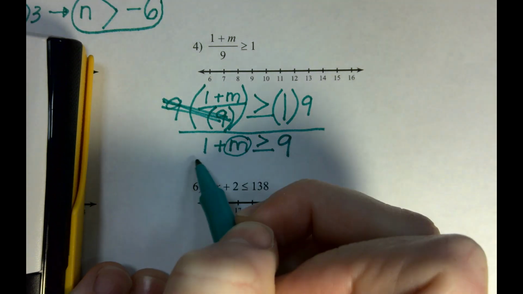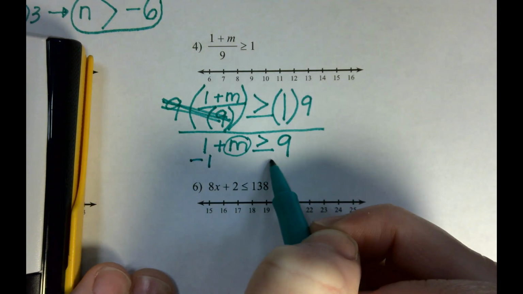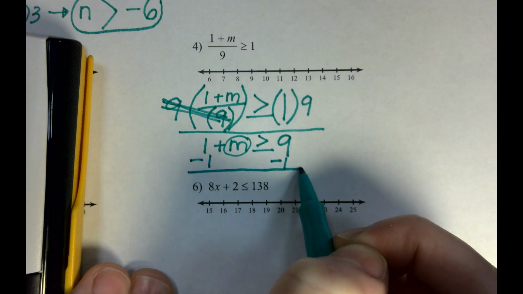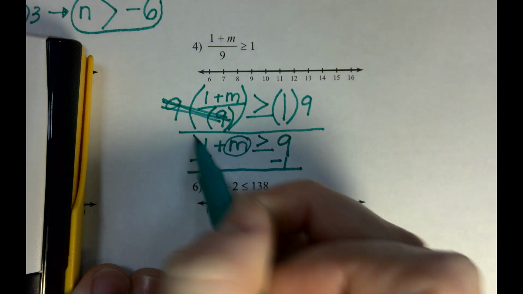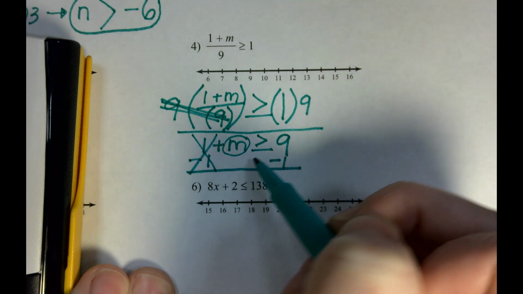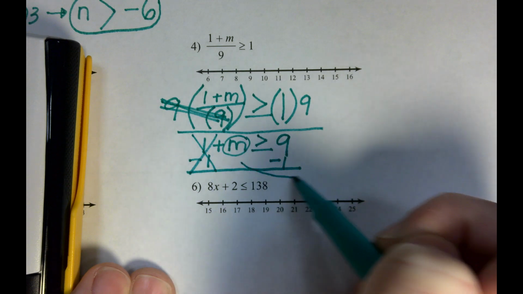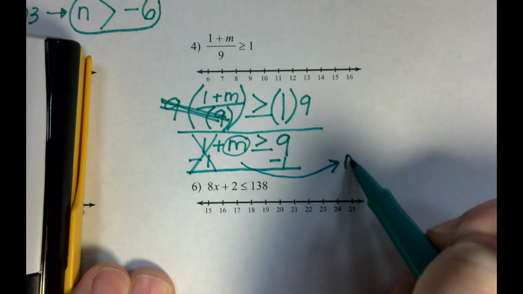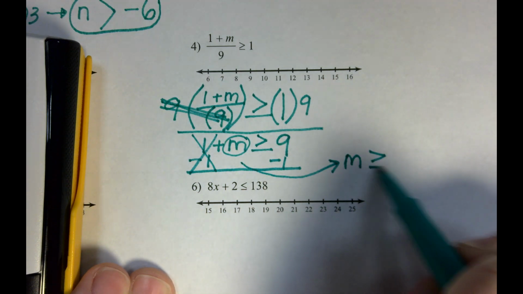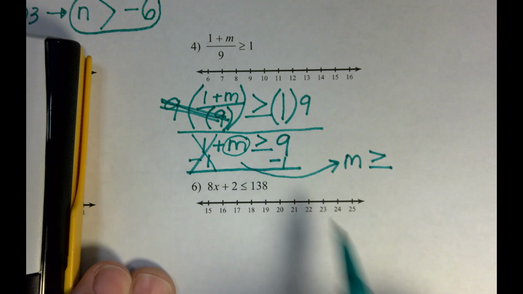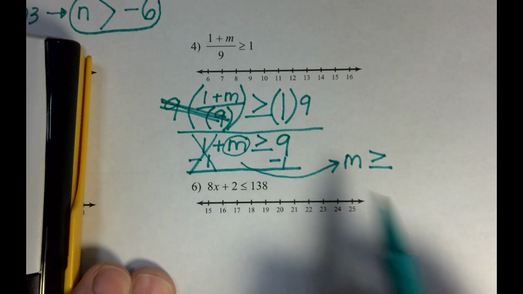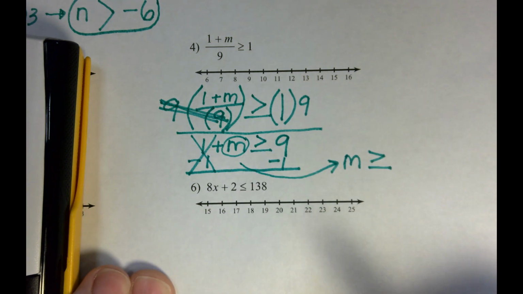So let's get rid of the 1. Minus 1 on both sides. My 1's cancel out. And I'm left with m is greater than or equal to what? 8. 9 minus 1 is 8.